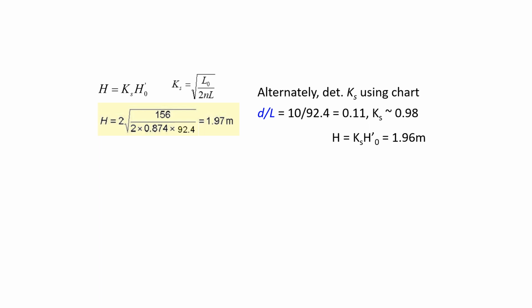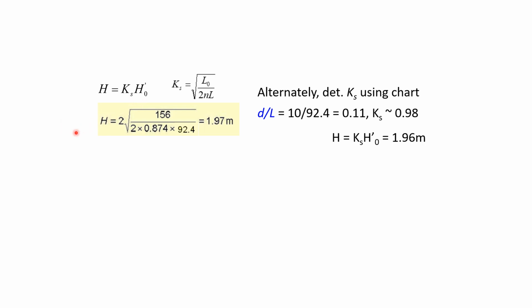From the shoaling coefficient, we know that H equals Ks times H0 prime, and Ks can be written in this form, so that H equals 2. 2 is the deep water unreflected wave height, and the square root here is the Ks. We have L0, 156 meters in the deep water. We have 2 here, which is the 1 over 2 for n0 in the deep water.